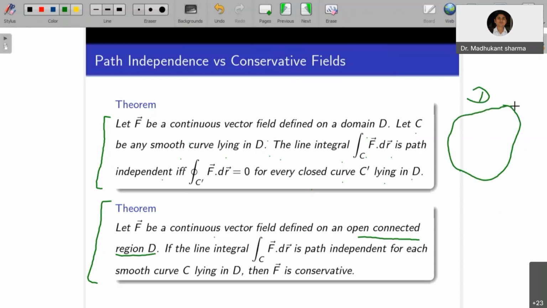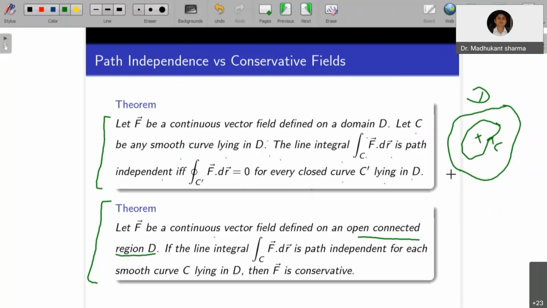Openness means these boundary points are not there. The second thing is you take any closed curve C inside this. None of the points will be outside D, or you can say that it can be shrunk to the center.